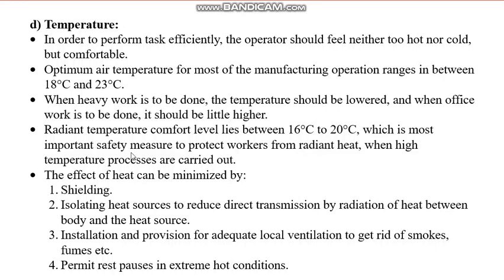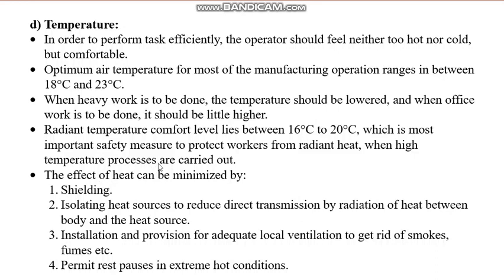See, this is an important safety measure also. It is safe, from the safety point of view, to protect the workers from the radiant heat when high temperature processes are carried out. See, when you are working in rolling mills, or in forges, there the furnaces will be there, even heat treatment and other places.